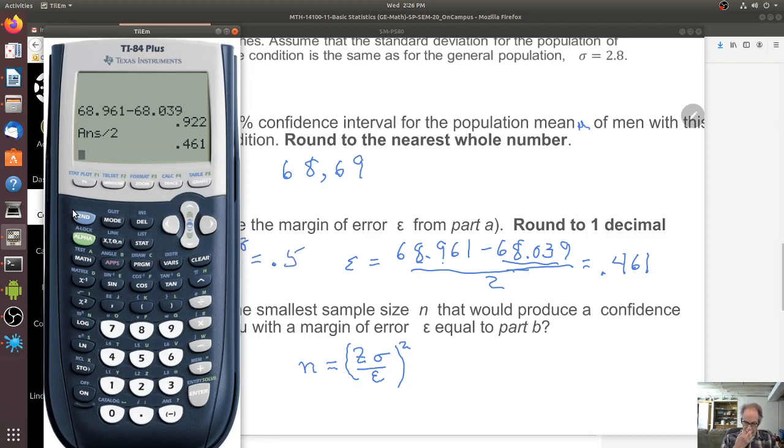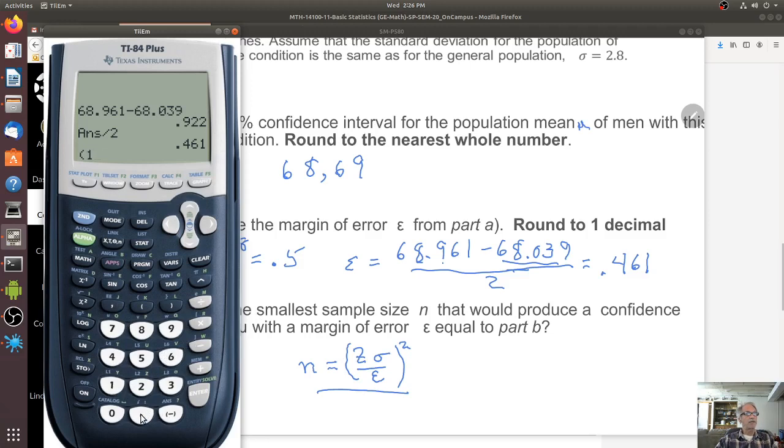Okay, so if I wanted a margin of error of 0.5, how many n's would I need? I bet it's going to be around 100. So let's do it. For 90%, the critical value of z is 1.645. I'm going to have to square this whole thing, so let's get a parentheses in there.